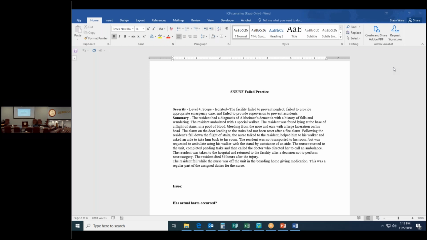The nurse returned to the unit, completed pending tasks, and then called the doctor, who directed her to call an ambulance. The resident was taken to the hospital and returned to the facility after a decision not to perform neurosurgery. The resident died 36 hours after the injury. The resident fell while the nurse was off of the unit in the boarding home giving medication. This was a regular part of the assigned duties for the nurse.